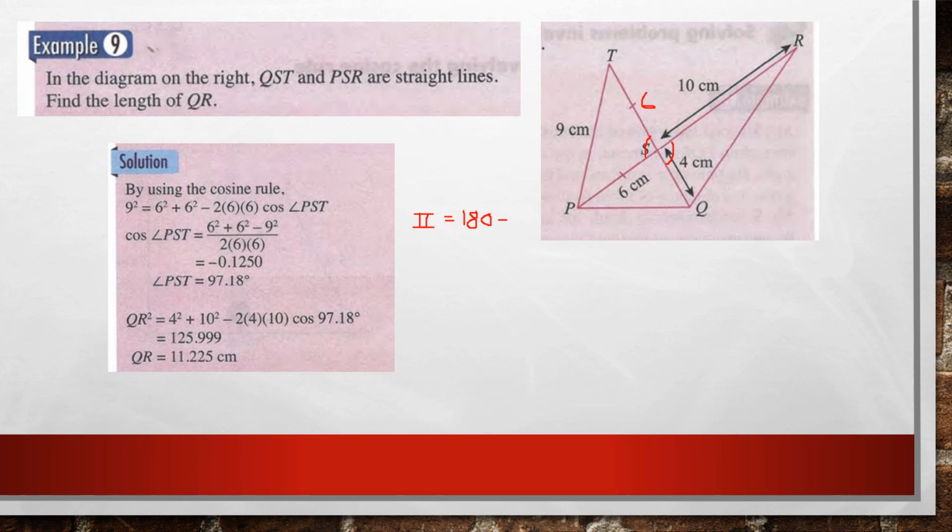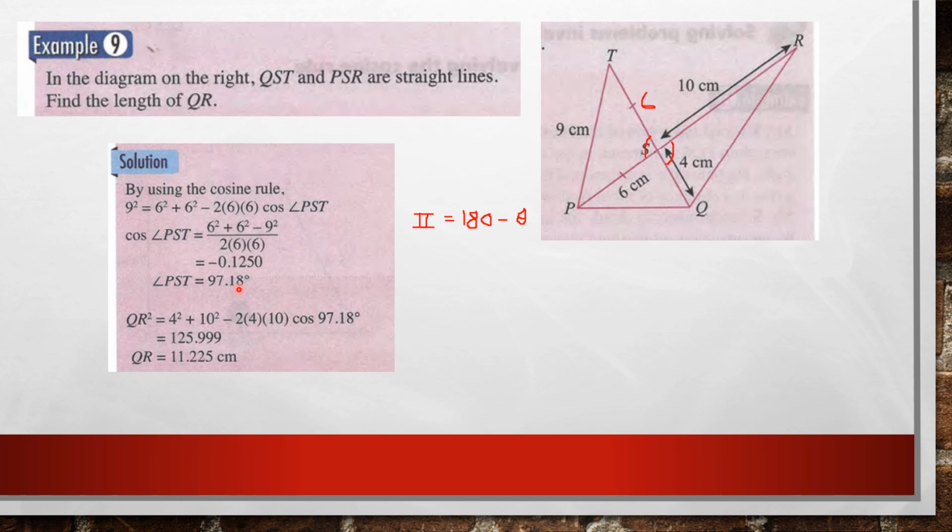Or you can straight away press into your calculator, shift cos, and key in the value given as negative 0.1250. So you will get the answer 97.18.